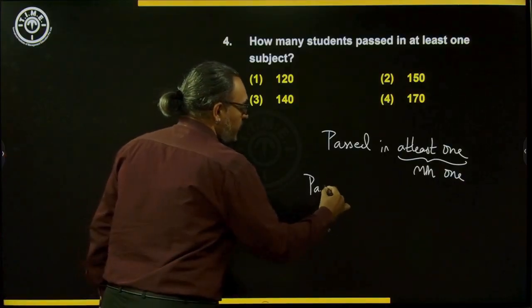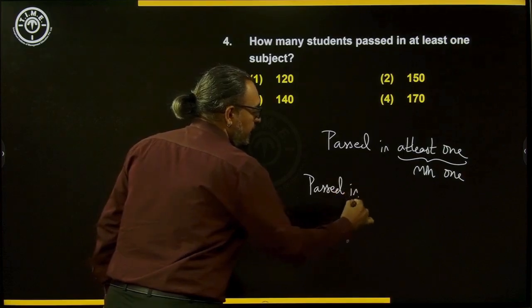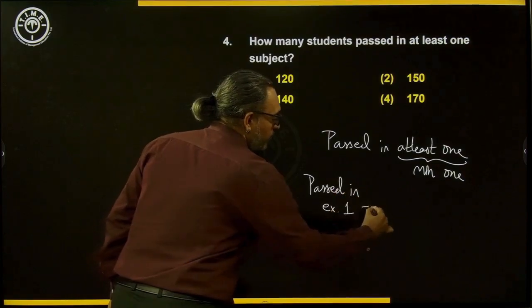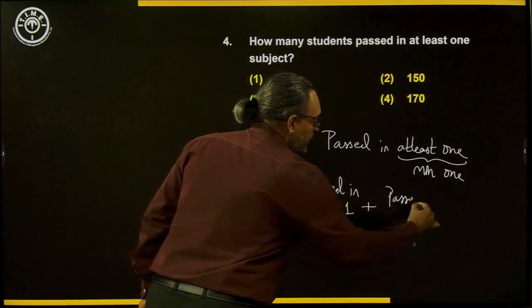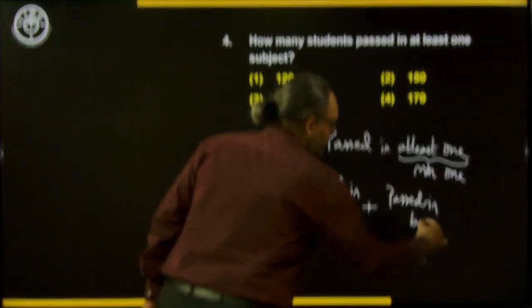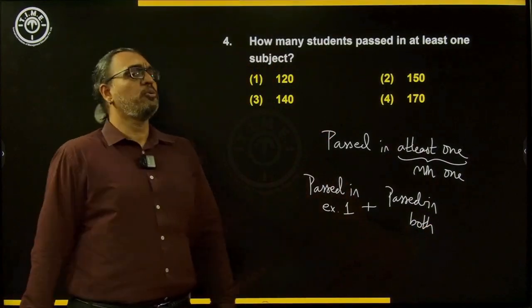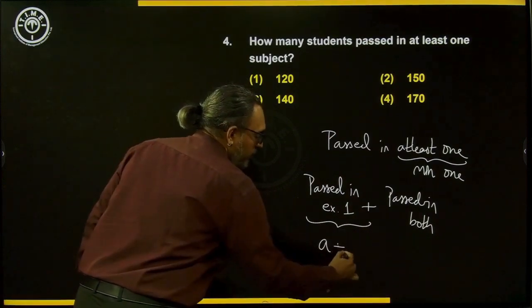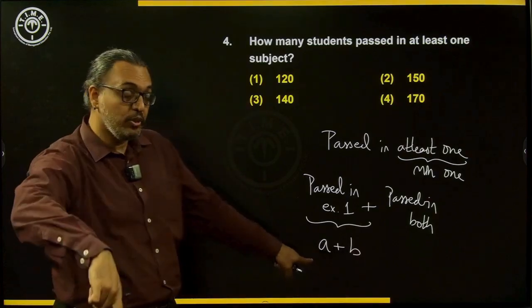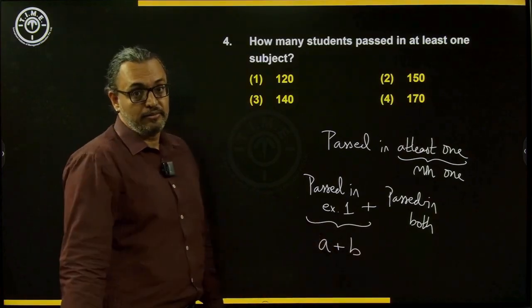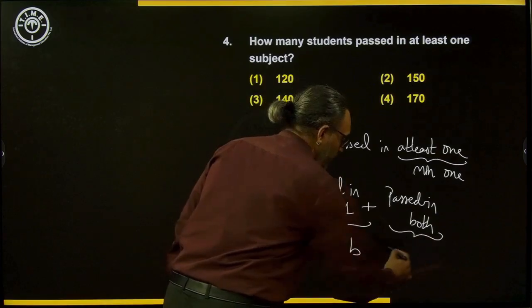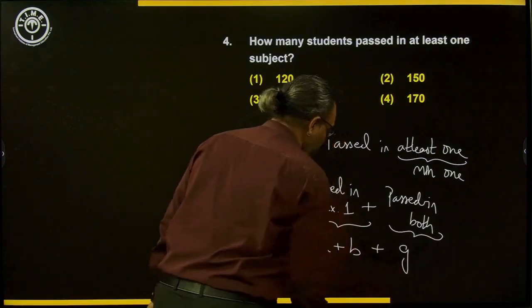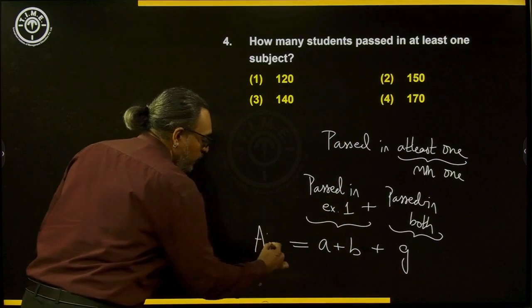So that means we have to consider passed in exactly one subject plus passed in both subjects, because maximum there are only two subjects. So passing in exactly one is nothing but a plus b. A is passing in chemistry only, B is passing in math only. Correct? And passing in both is G. So a plus b plus G. In other words, it is A union B.